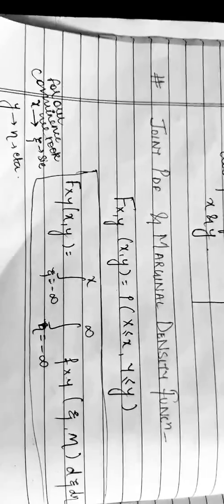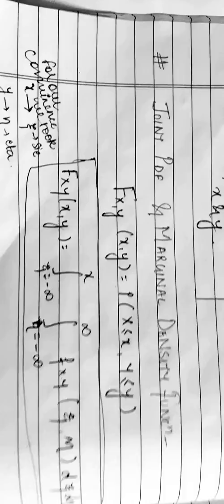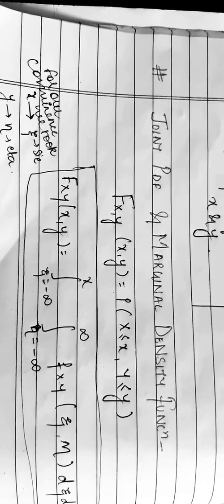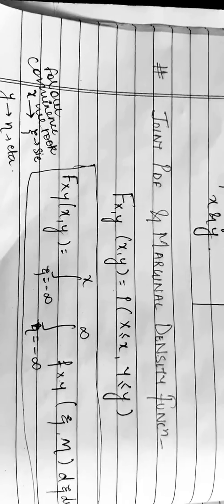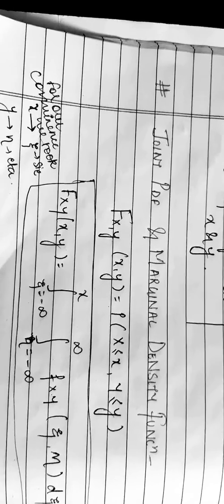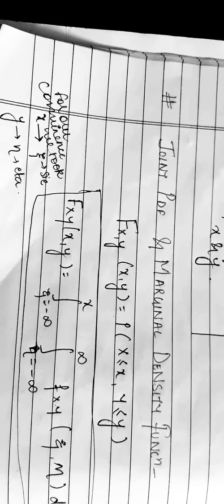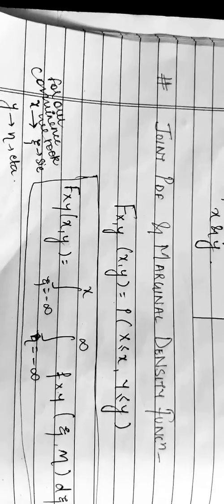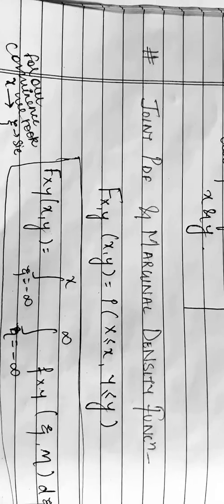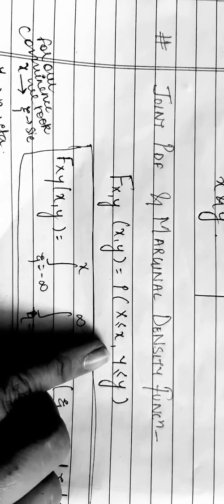Now if we extend our discussion to the joint PDF and the marginal density function. To understand the marginal density function, we consider a joint distribution function denoted by capital F(x, y), which is equal to the probability that capital X is less than or equal to small x, while capital Y is less than or equal to small y.